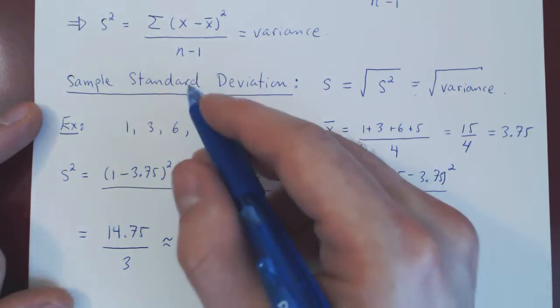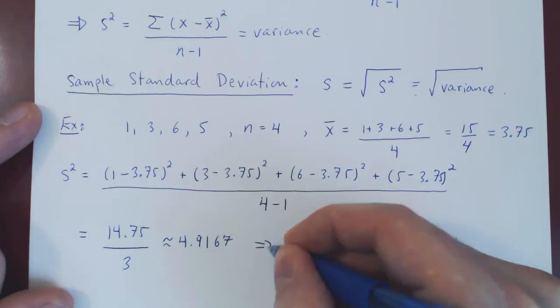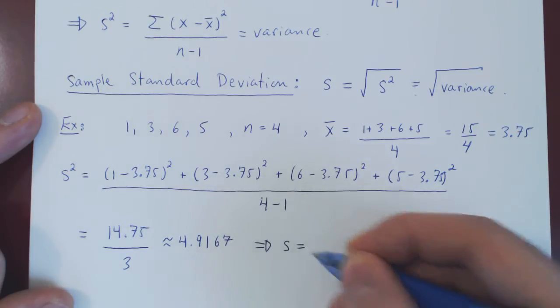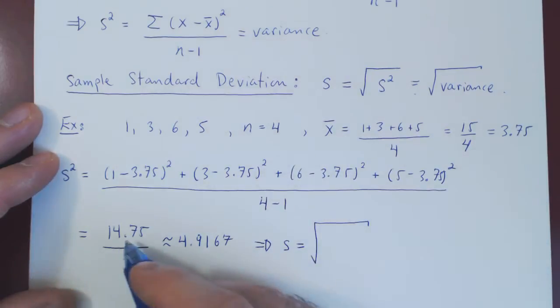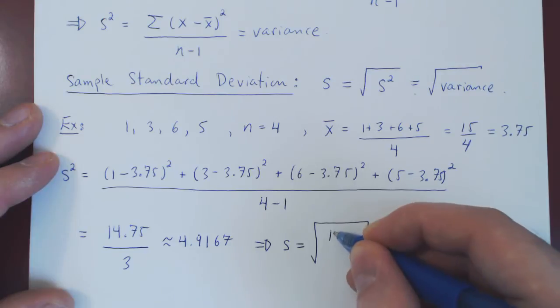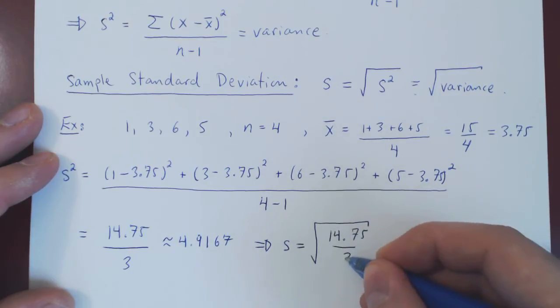Now let's find our sample deviation, which is the root of the variance. So s, the standard deviation, is the square root of the variance. And when you find your deviation, take the square root of the exact value. So 14.75 over 3.